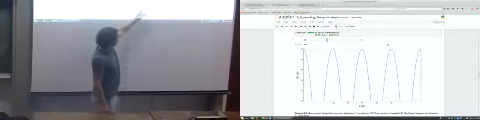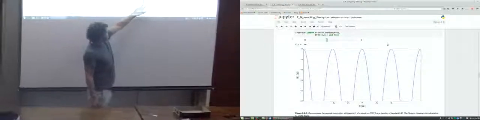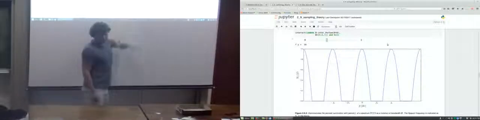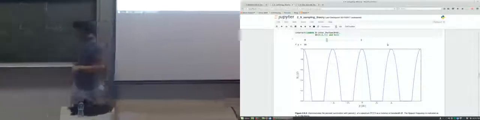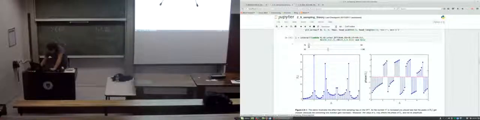As soon as B is larger than the Nyquist rate, you basically cannot extract. So you find that the spectrum here starts overlapping with the spectrum here. So here I'm just keeping the sampling frequency constant, and here you see what's actually happening. So let's find the exact point.